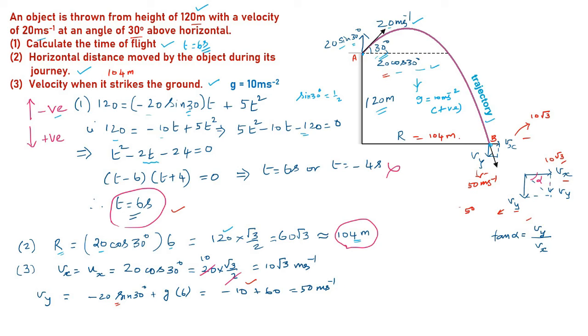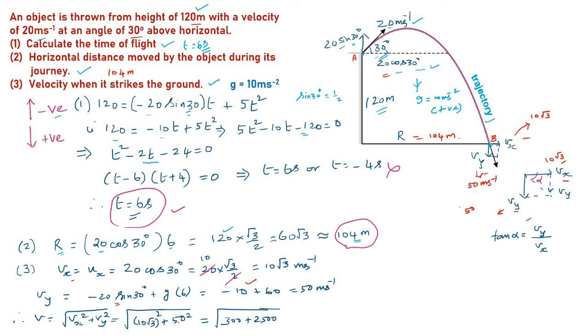Now net velocity will be root of Vx square plus Vy square according to the law of parallelogram of vectors. This parallelogram being a rectangle here. So V is equal to the net velocity. 10 root 3 for Vx, Vy 50.